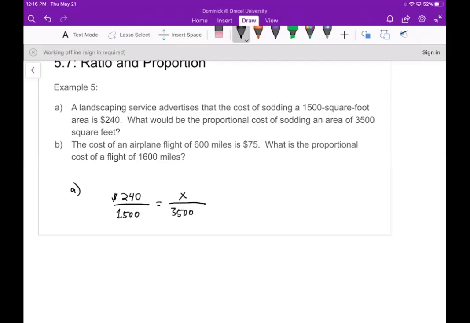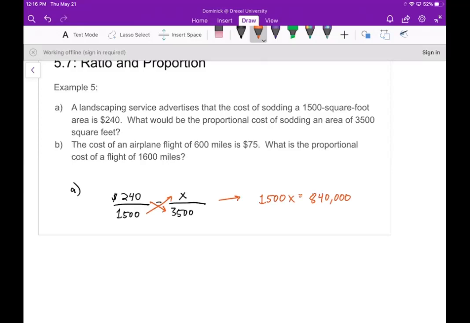We want to know what's going to happen as far as the cost goes for a 3,500 square foot area. Well, if we cross multiply, we're going to get that 1,500x is equal to 3,500 times 240, which let's go ahead and punch in the calculator. 240 times 3,500 will give us 840,000.